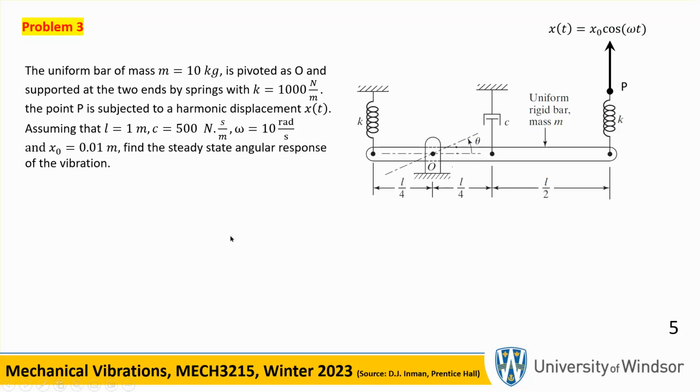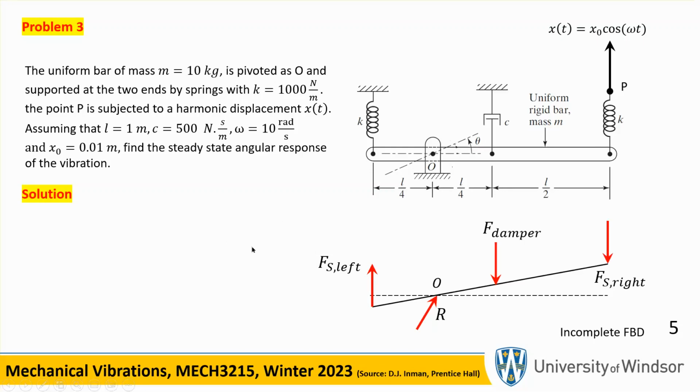So one thing is for sure, we have to write everything in terms of theta, and then take the moment of all forces about that point O. So let's start. Here's a free body diagram. Let's pretend that this is going up. Therefore, the spring on the left says no, no, no.